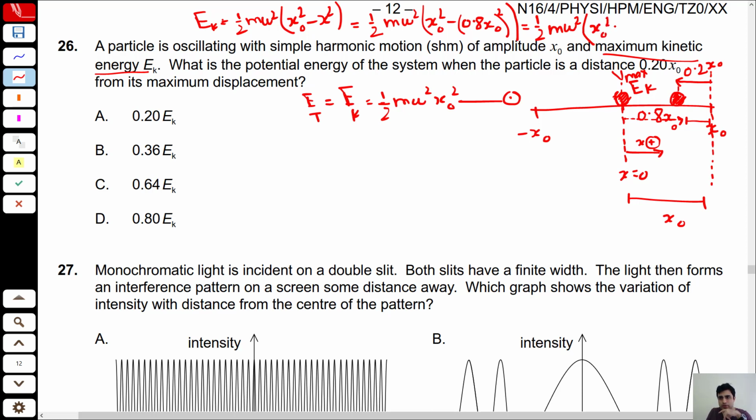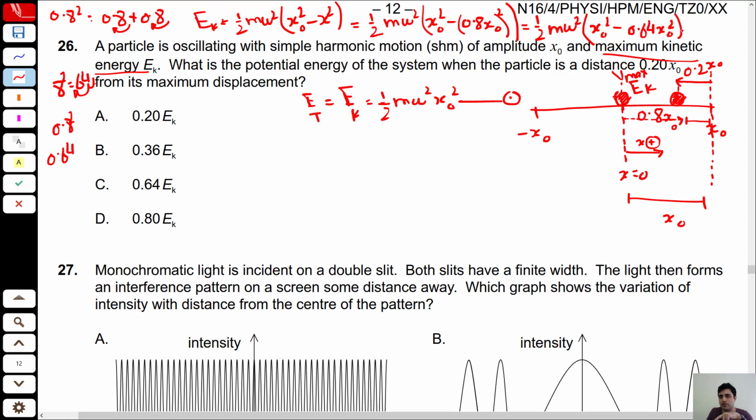What is 0.8 square? You know that 8 square is 64. So this is 0.8 times 0.8. We have to go backward 2 zeros, so we divide by 100. So 0.8 square will actually give you 0.64. So here we have 0.64 x naught square.